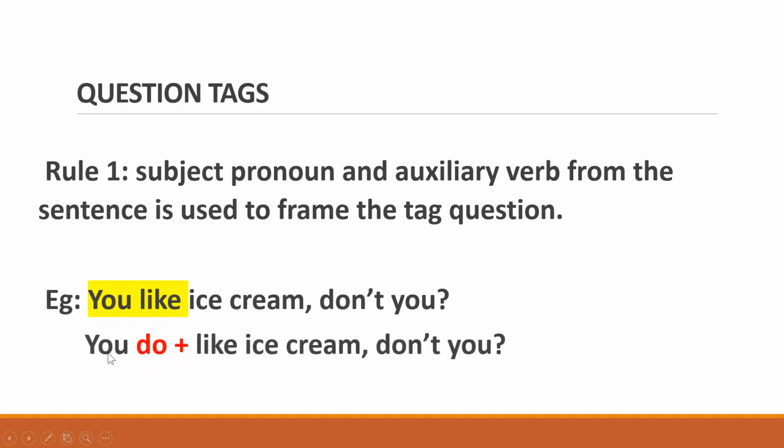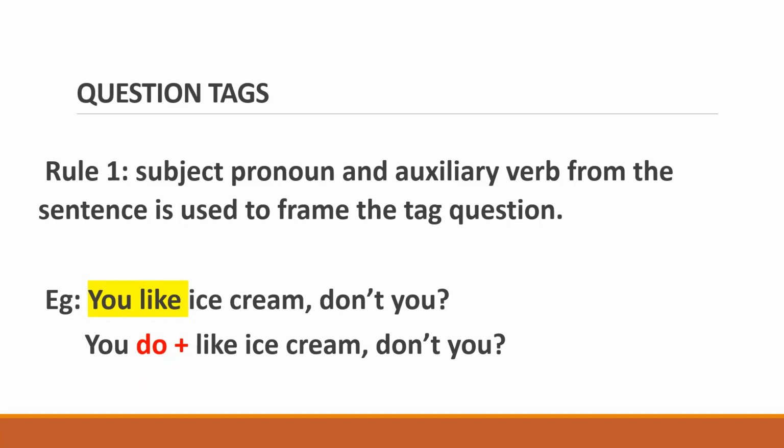Number 1 is you plus do plus like gives you like ice cream. Why is that? Whenever we have a main verb or a do verb or a have verb, and if you wanted to change that sentence into a negative sentence or a question sentence or a question tag, you need the help of do verb there.